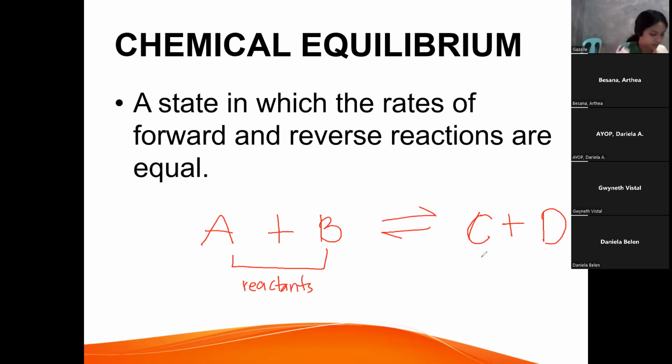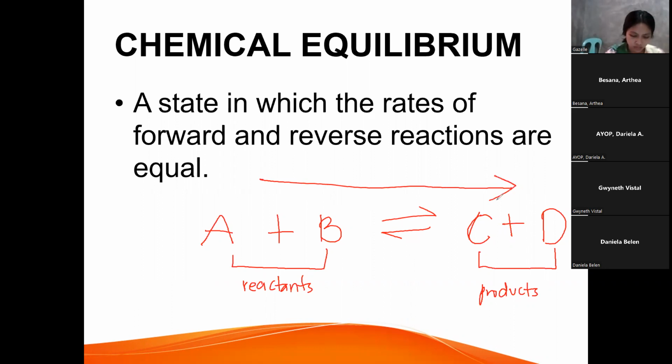Reactants kasi dalawa sila. And this part here are the products. Now in chemistry, you will see this type of arrow, class. If this is the arrow, it means the chemical reaction is reversible.